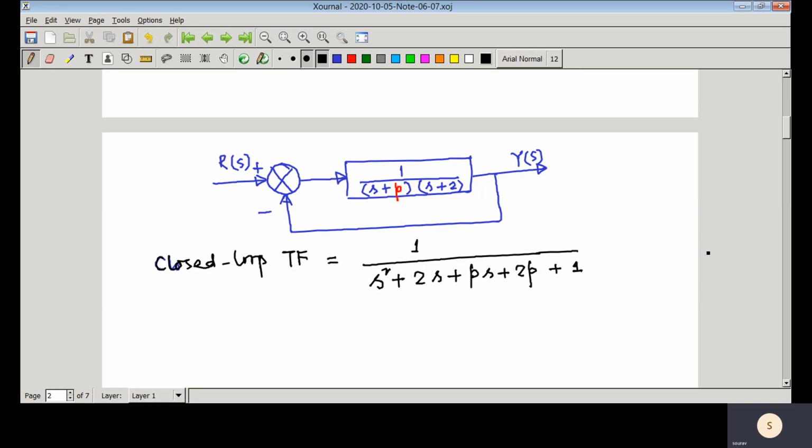So this is the characteristic equation. We can represent it as s square plus 2s plus 1 plus p common, that is p into s plus 2.